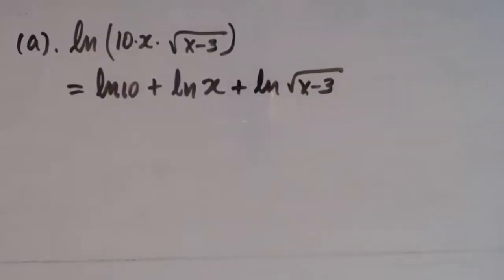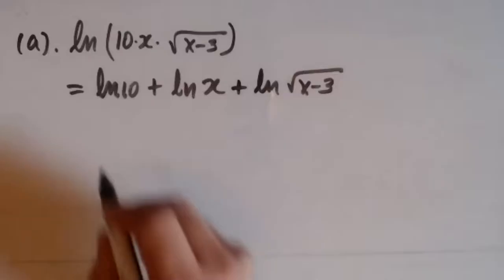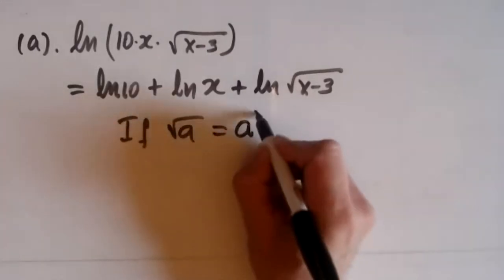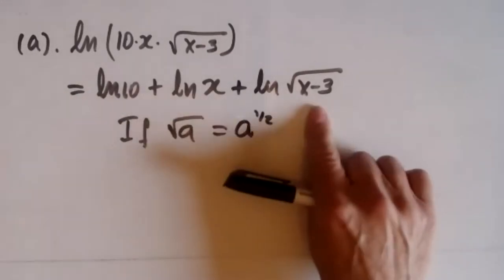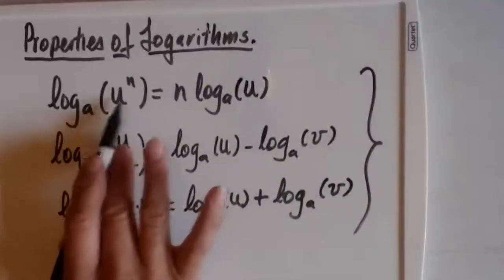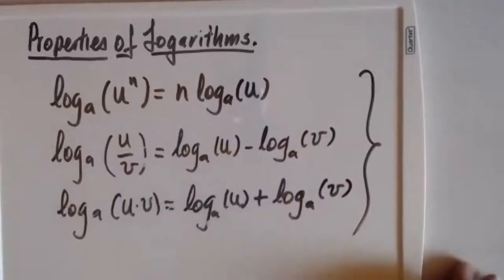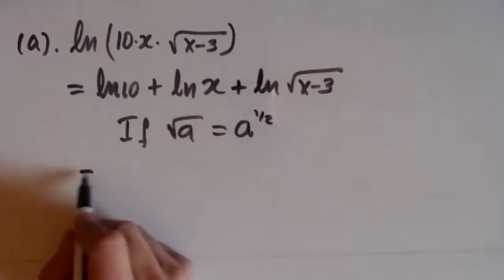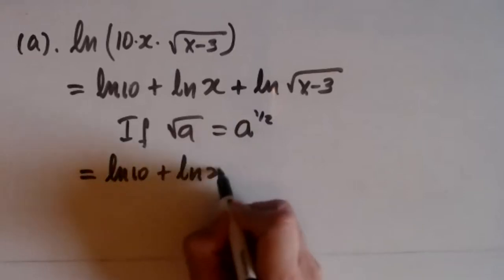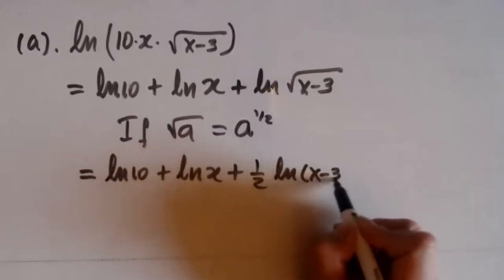Are we done? No, because you have a square root. And if you remember, the square root of a number is the number to the 1/2, so this is a power. So you are going to use the log of the power, and put the 1/2 at the front of the expression. So this is going to be ln of 10 plus ln x plus 1/2 ln of x minus 3.